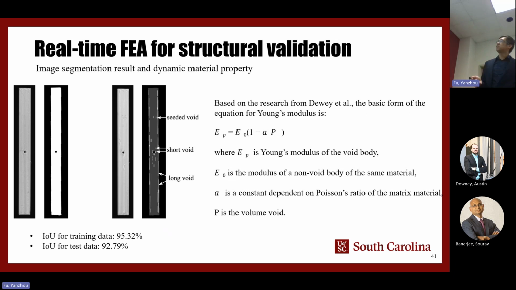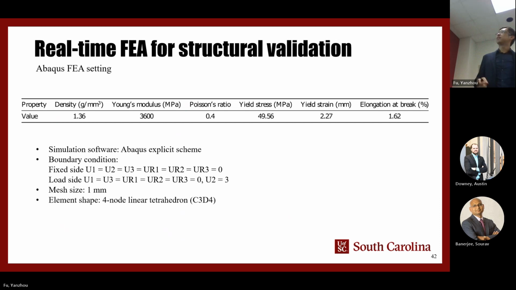And as I mentioned, we want to use the void-related Young's modulus. Based on David's research, we can calculate the void-related Young's modulus using this equation. In order to achieve accurate results, all the material properties are derived from real tensile tests, and the material property parameters are shown in this table.